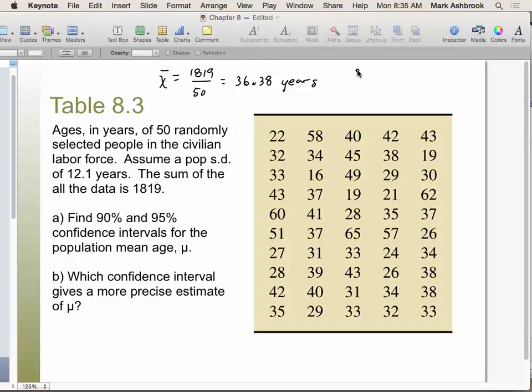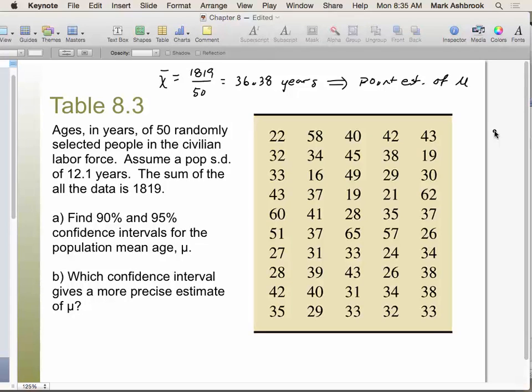That's our best guess at what the population mean is, right? That's all we've got. Is it the population mean? No, or very unlikely. It might be exactly, but that would be very unlikely. So maybe, but only a slight chance. So this is our point estimate of the population mean.